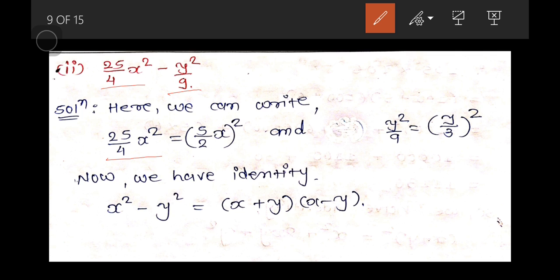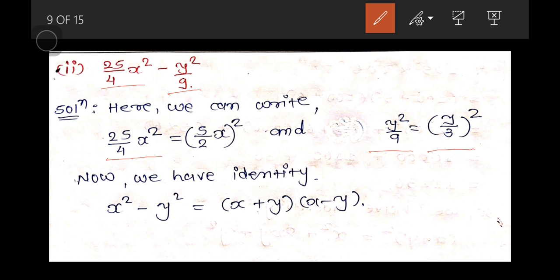As you can see, 25 is the square of 5, 4 is the square of 2, and x square is the square of x. So we can write 25 by 4 x square as 5 by 2x all square, and we can write y square by 9 as y by 3 all square.